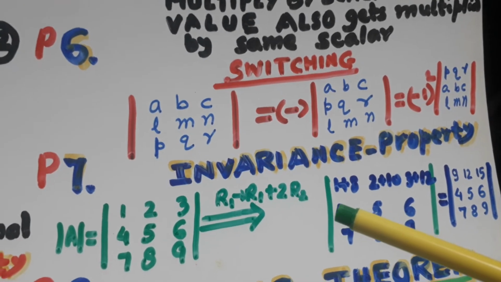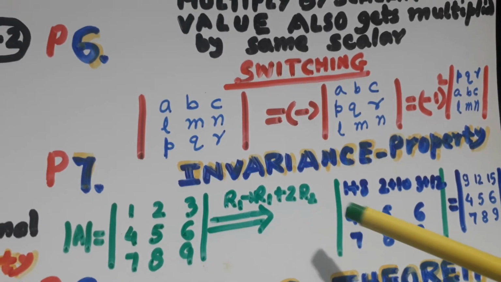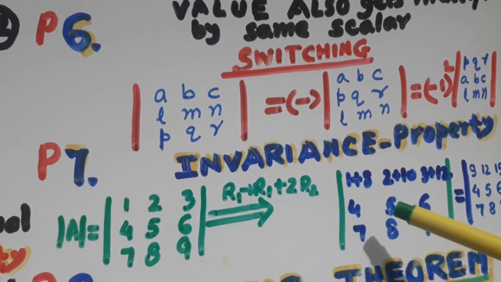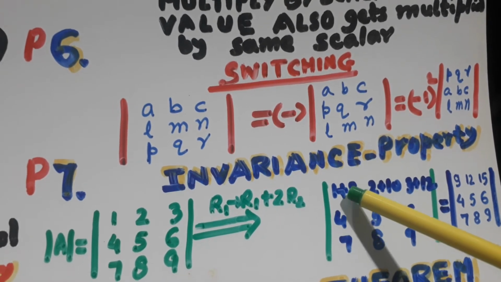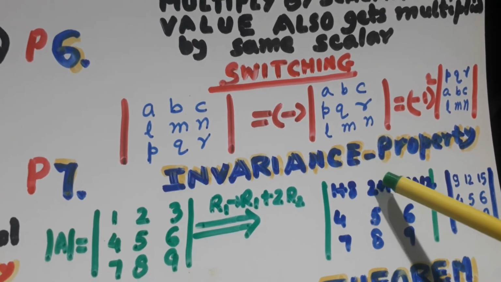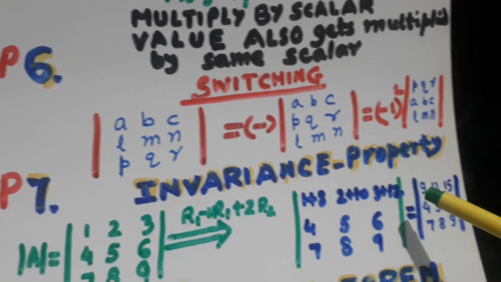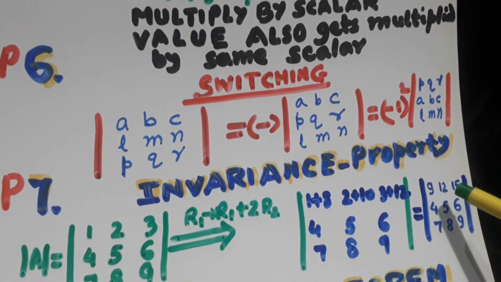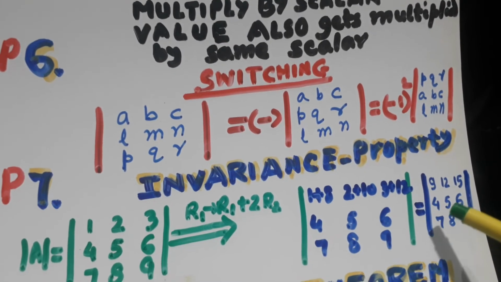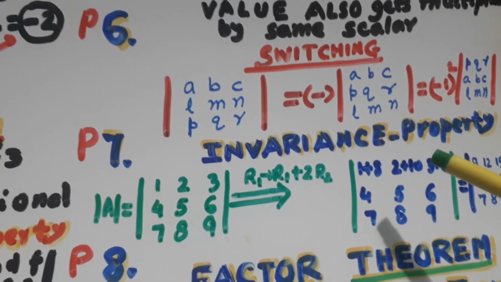Now you add to row 1 double of row 2. So add double of this, 8, add double of this, 10, add double of this, 12 in the first row. It becomes 9, 12, 15, with 4, 5, 6, 7, 8, 9. If you solve this, you will get the same answer.